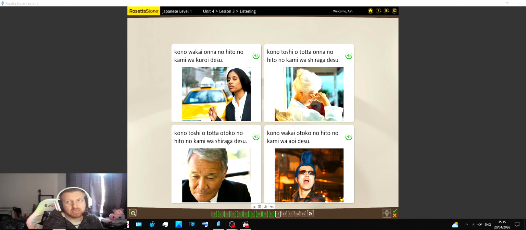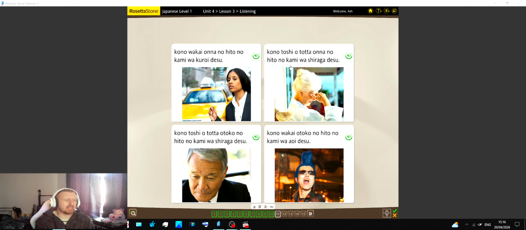Wakai, meaning in Japanese, is young person. So this young lady has black hair. Yes, because kami is also head upwards, isn't it? It's not just paper.